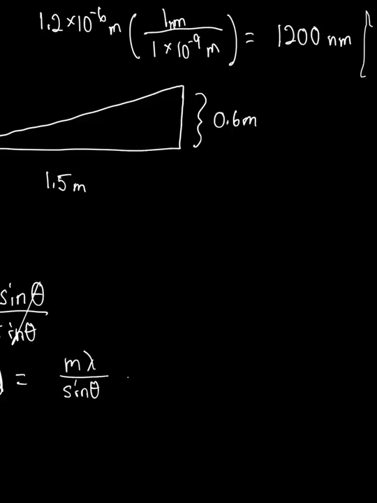The central bright spot is just the central bright spot, and then these things, another name for them is fringes. Okay. So we have m equals 1. First bright spot. Also call it the brightest fringe.